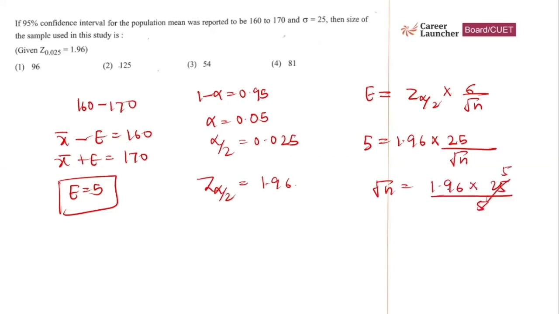Now if you square it, then n will be (5 into 5, 25 into 1.96) whole square, right? So if we square it, this will be 96.04 or approximately 96. So option 1 is your correct answer.